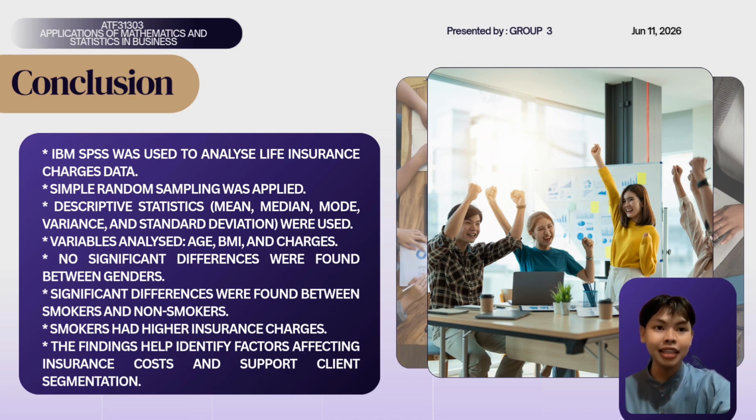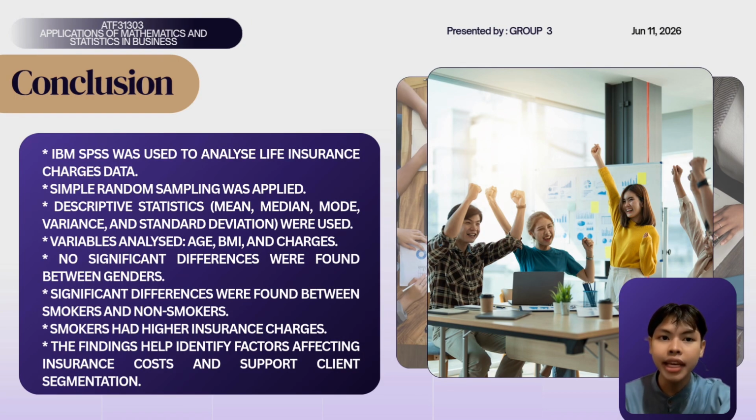In conclusion, the statistical analysis of the life insurance charge data using IBM SPSS provides important insight into the factors affecting insurance costs. Descriptive statistics were used to summarize key variables such as age, BMI, and charges. Inferential statistics including the t-test show that there were no significant differences in age, BMI, and insurance charges between male and female.